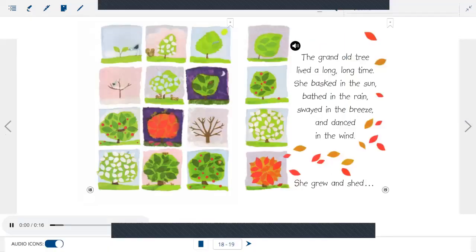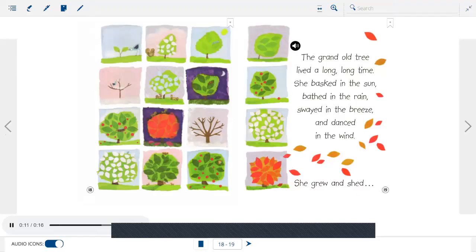The grand old tree lived a long, long time. She basked in the sun, bathed in the rain, swayed in the breeze, and danced in the wind. She grew and shed. So what different kinds of weather does the tree live in?